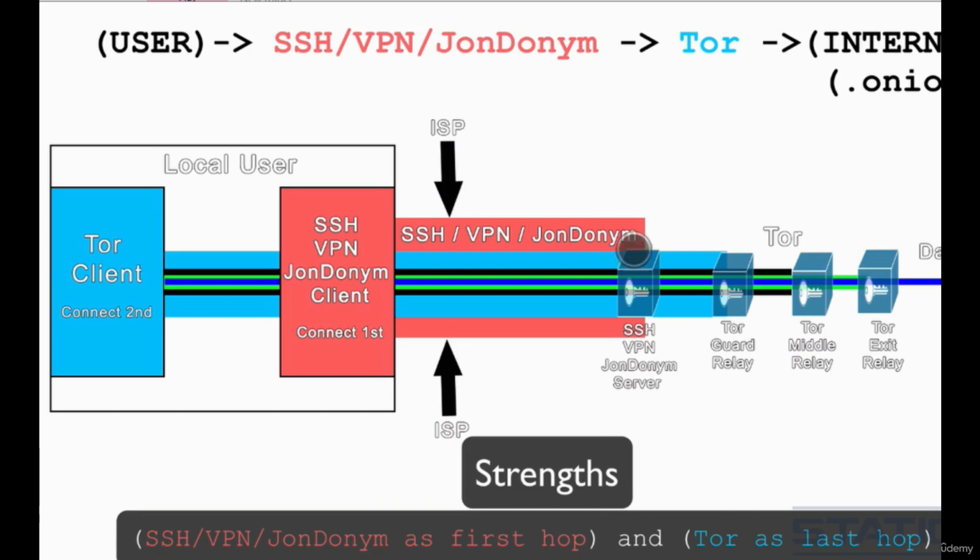Now let's talk about weaknesses via SSH, VPN, Jondonym.